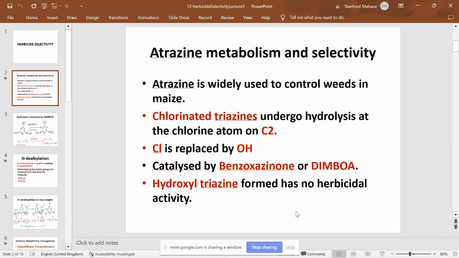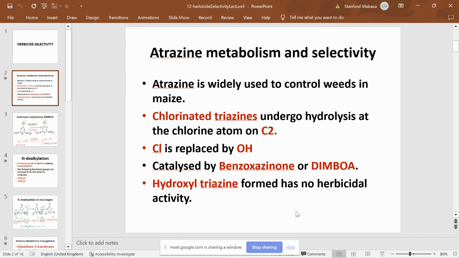Hydrolysis involves the replacement of chlorine by an OH. We know in some herbicides, this process is catalyzed by cytochrome P450. In the case of atrazine, the enzyme which catalyzes this process is known as benzoxazinone or Dimboa instead of cytochrome P450.